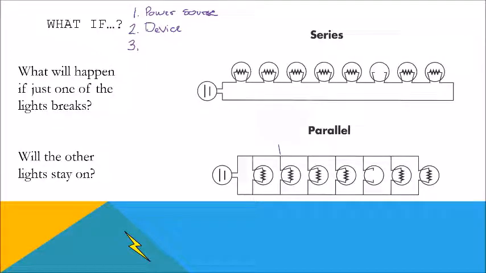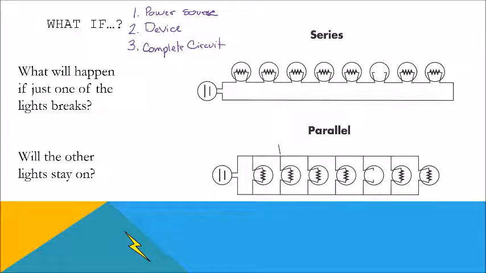The third thing we need is a complete circuit. So we can't have any breaks. There has to be a way for the electrons or the current to go into the circuit, and there has to be a way for the electrons to come out of the circuit without any gaps.